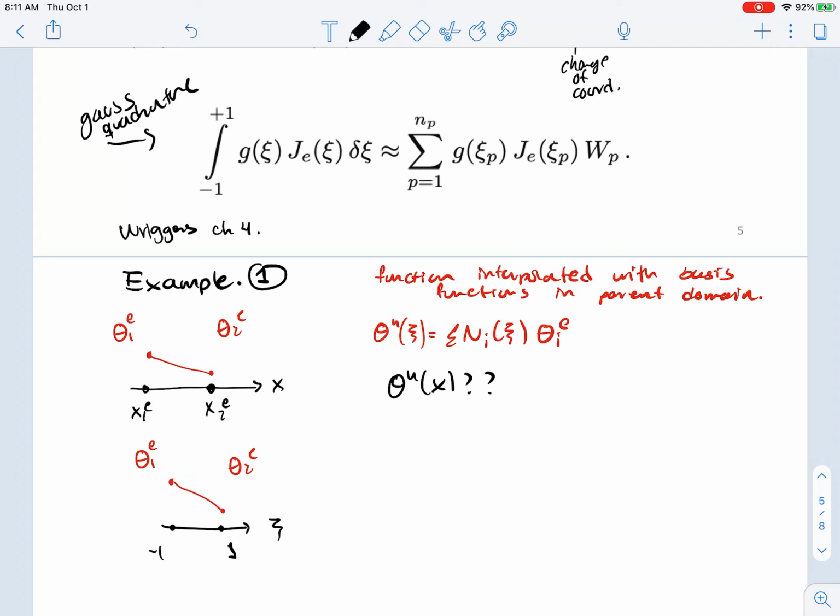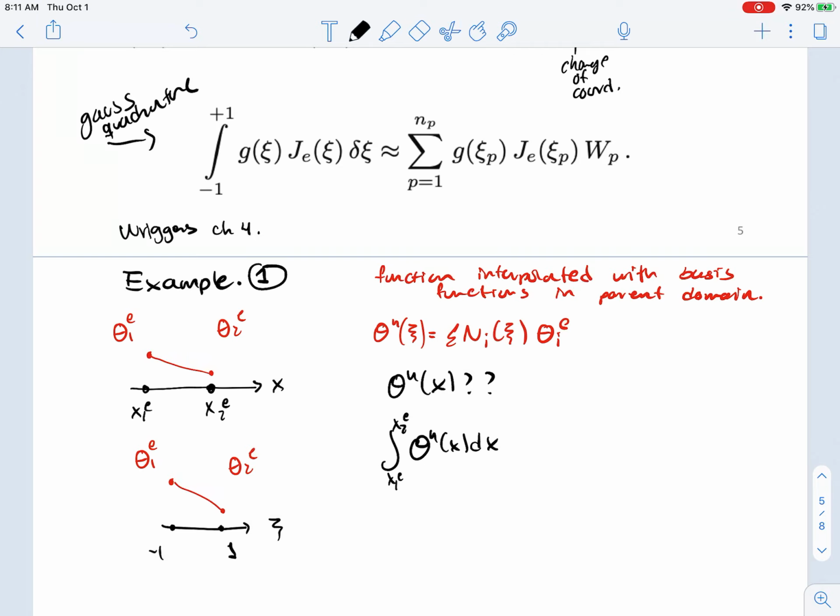So in this case, we don't even have theta h as a function of x, right? We don't even have an explicit expression for theta h as a function of x.